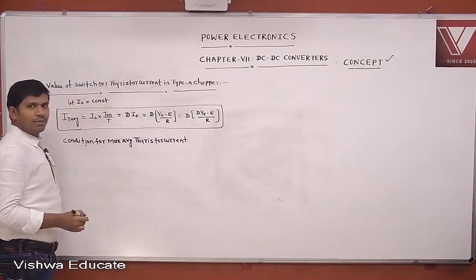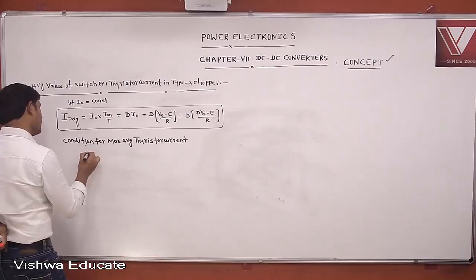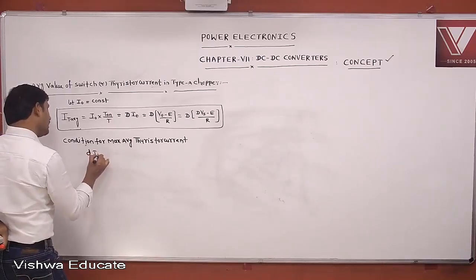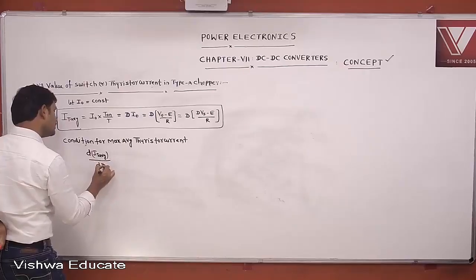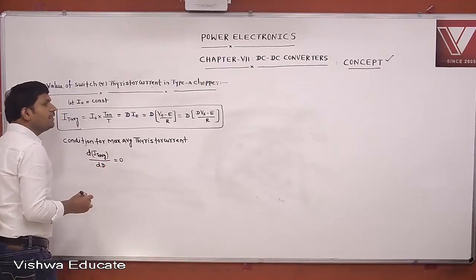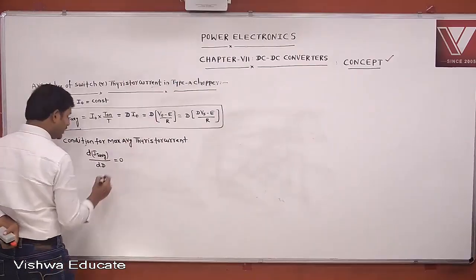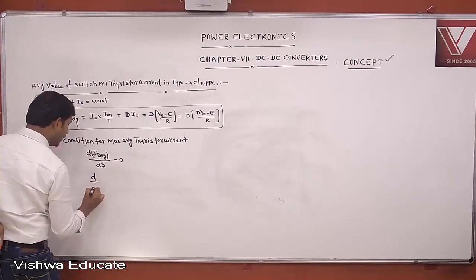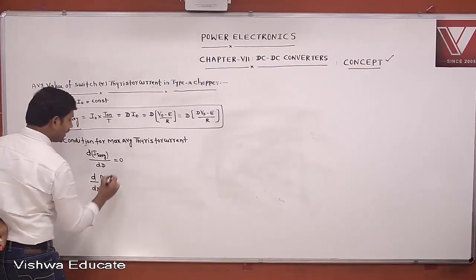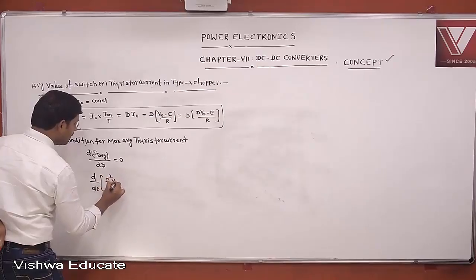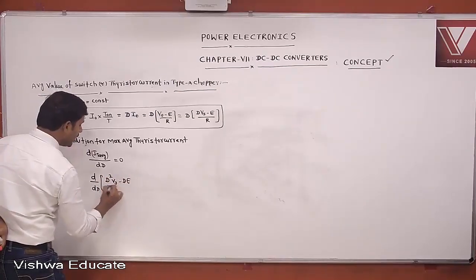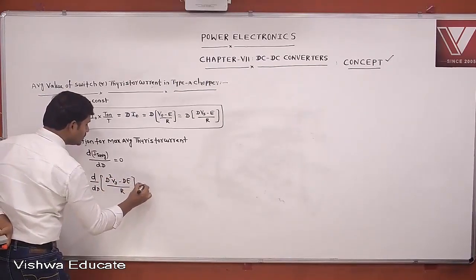The condition for maximum average thyristor current is d IT average by dD is equal to 0. Differentiate with respect to duty cycle and equate to 0. Then what do you get from differentiation? d by dD of D square Vs minus D E by R is equal to 0.